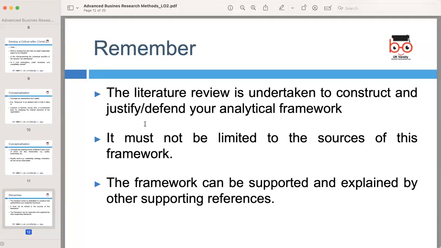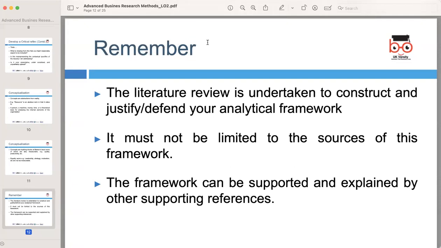Remember what the literature review undertakes: to construct, justify, and defend your analytical framework. It must not be limited to the sources of this framework. The framework can be supported and explained by other supporting references. What exactly is a literature review?